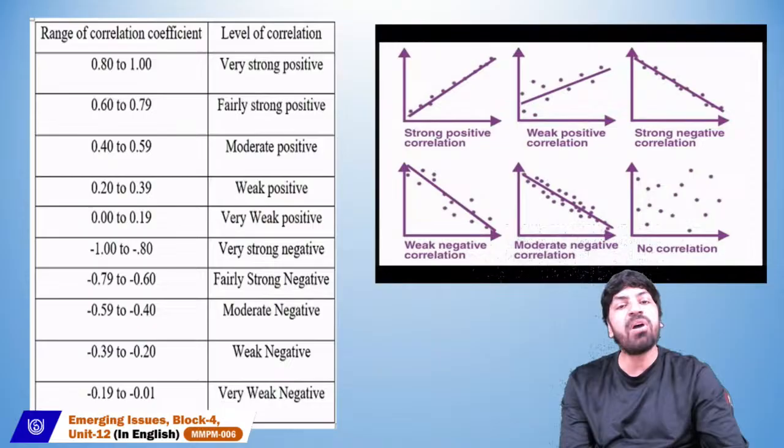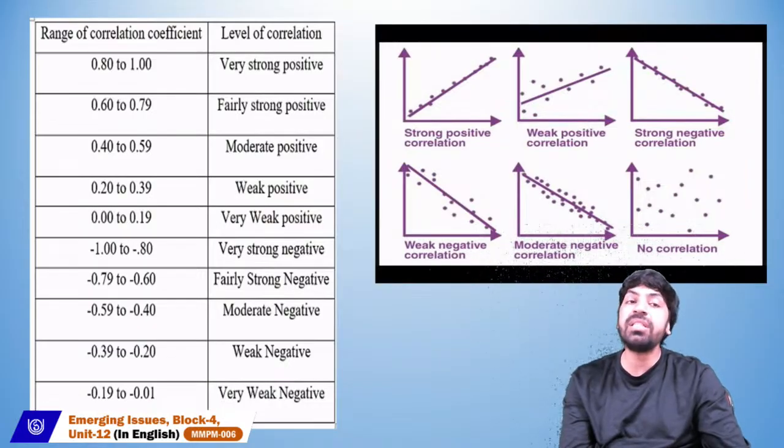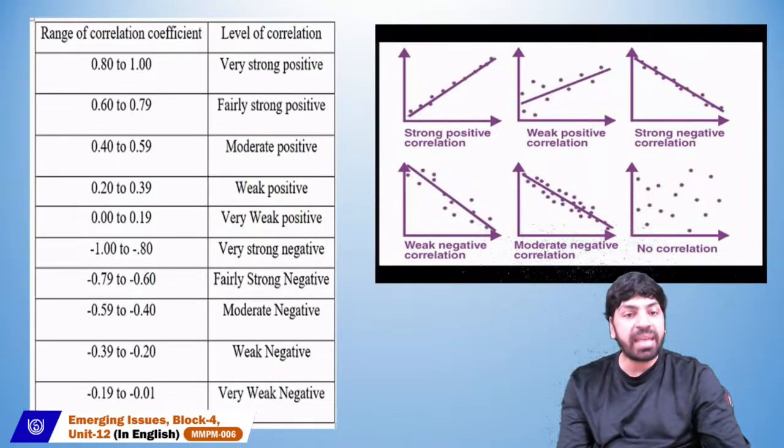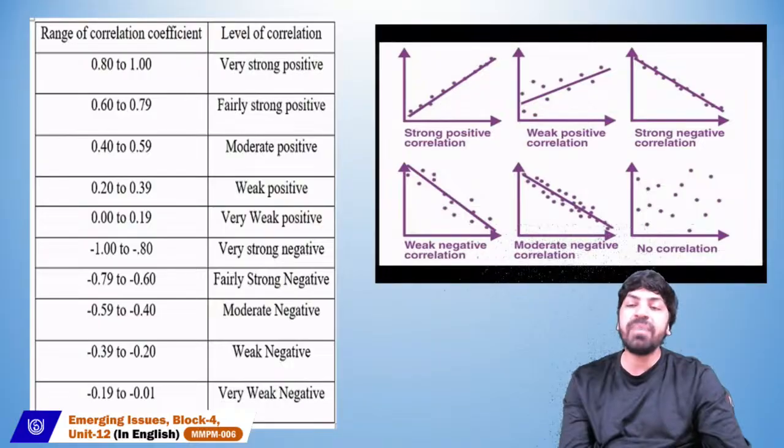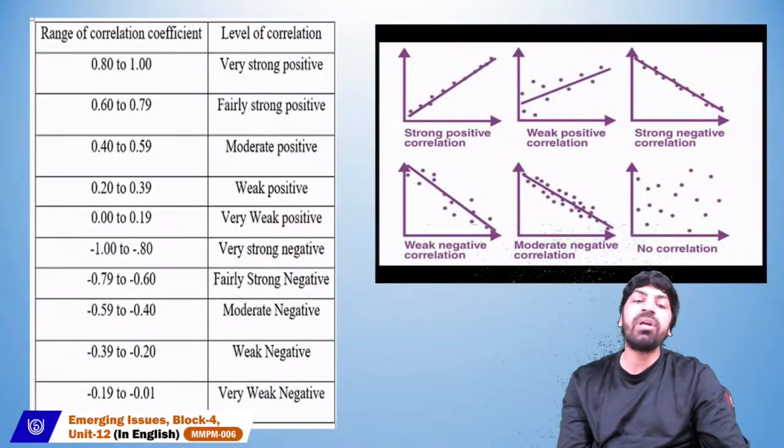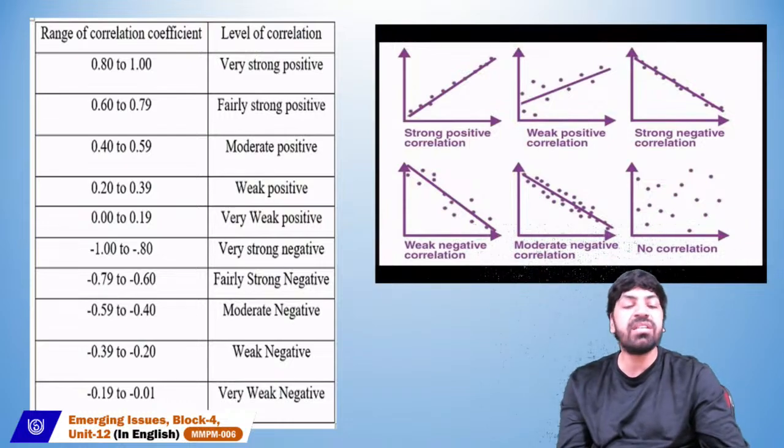A weak positive correlation is when the range comes under 0.20 to 0.39. When we talk about negative correlation, -1 to -0.80 is a very strong negative correlation, and it reaches a weak negative correlation at -0.39 to -0.20. It is a weak negative correlation.